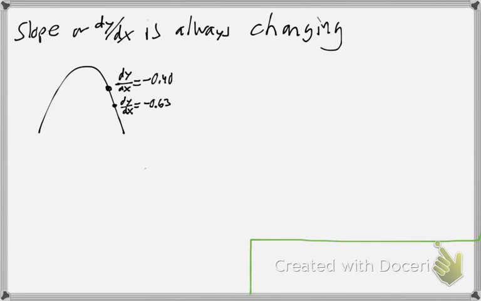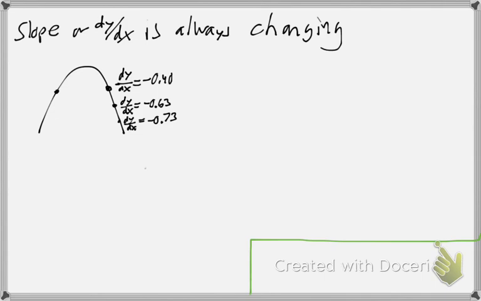So it's actually speeding up as we continue downward. If we were to calculate dy over dx at 3,700, then that would be negative 0.73.